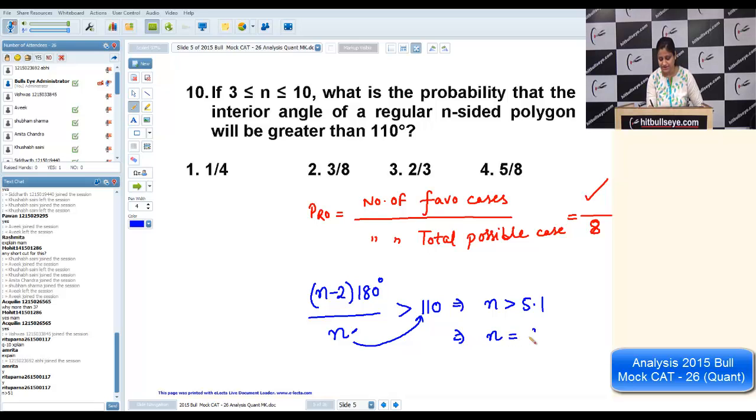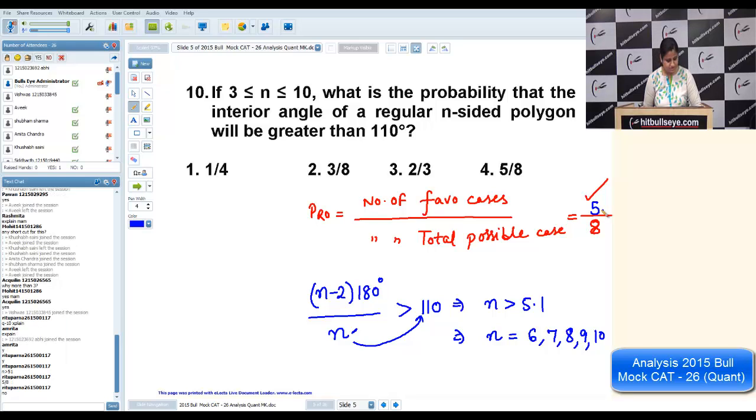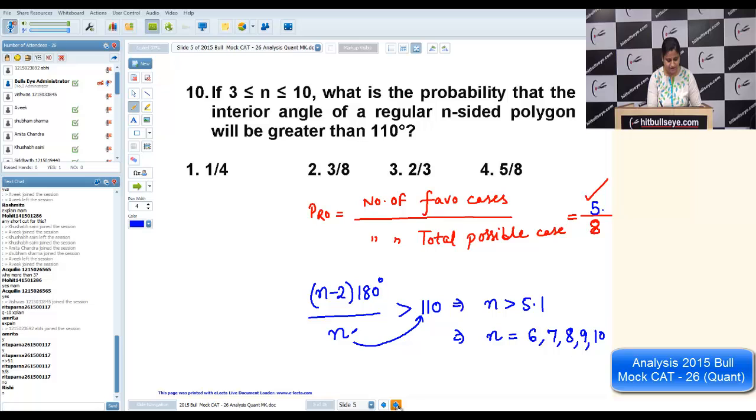So n can take these values: it can be 6, 7, 8, 9 and 10. So how many possible cases are here? 5. So what is the answer in this case? It will be 5 by 8. Yes, Rituparna? Any problem now? Okay, let us move. Very good.